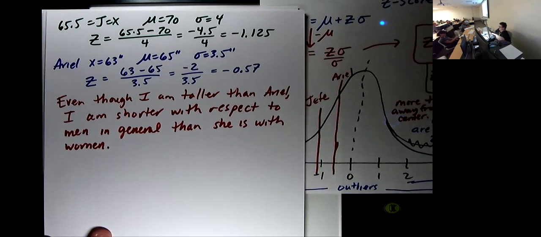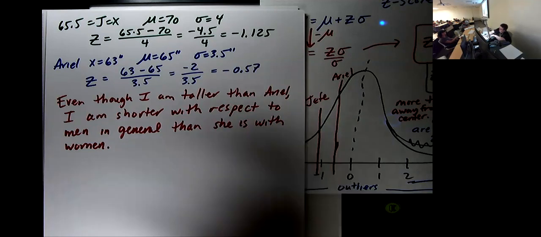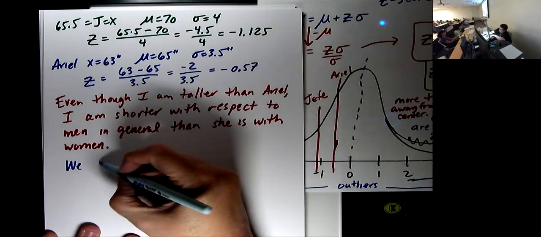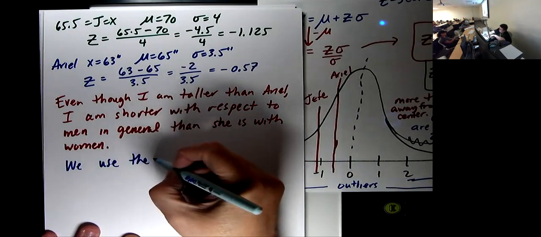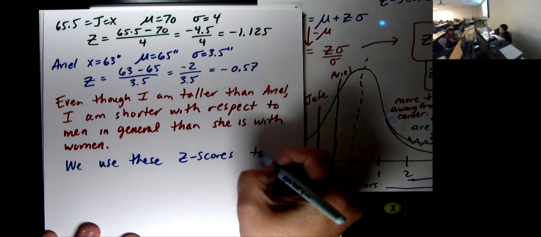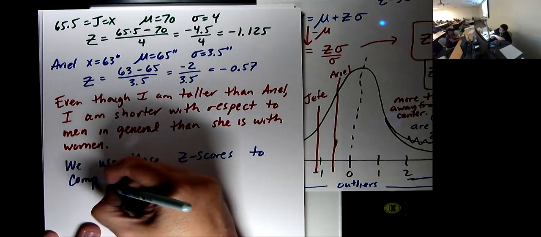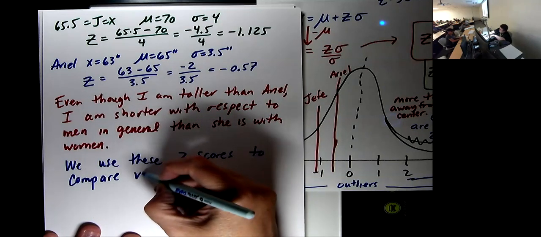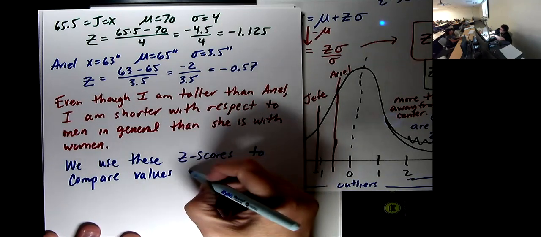All right, so even though I'm taller than Ariel, I'm shorter with respect to men than she is with women. We use these Z-scores for bell curve stuff to compare values on different bell curves.